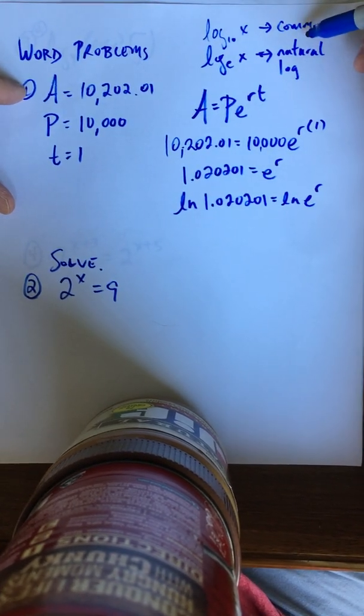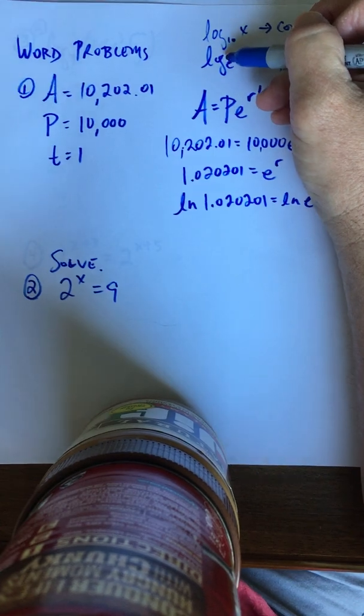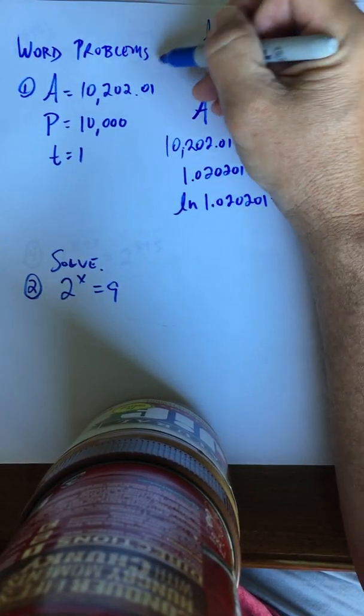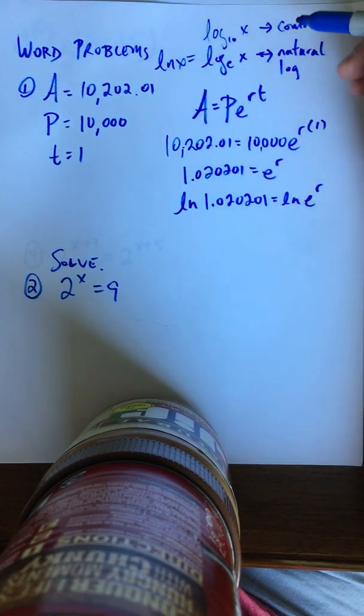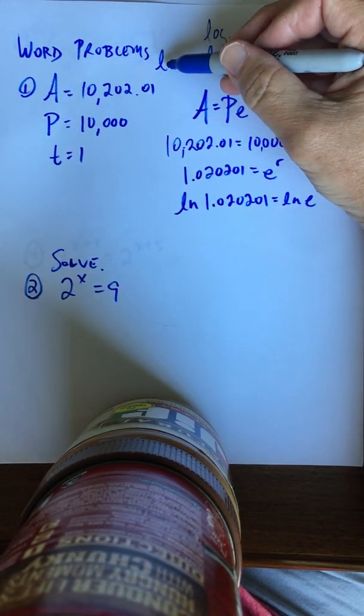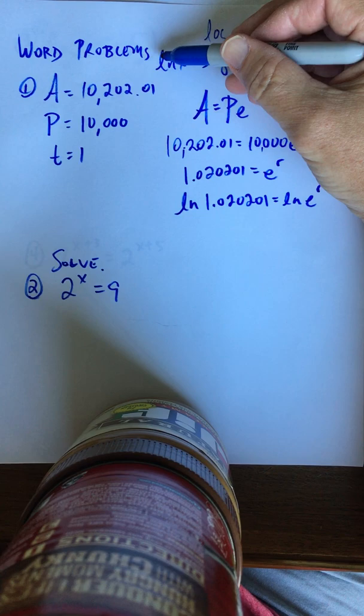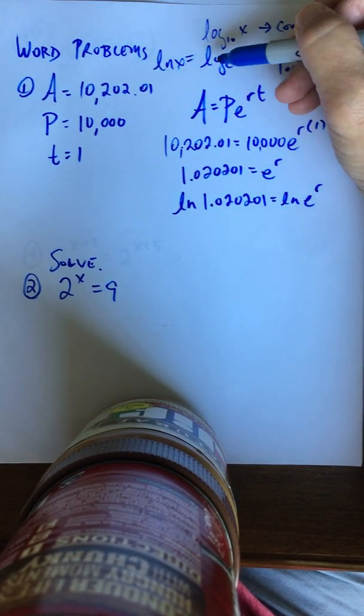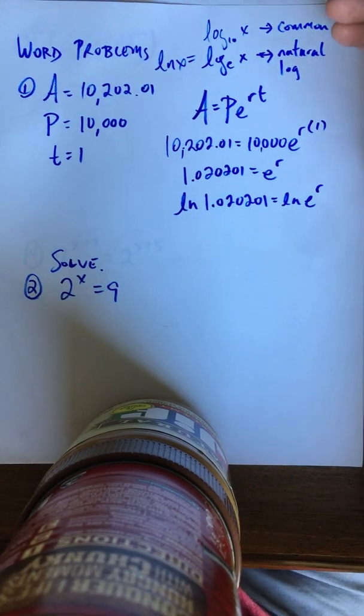The shortcut for writing that, instead of writing log base e, is they just call it the ln. It's French for logarithme naturel. So the ln just means log base e. It's the exact same thing.